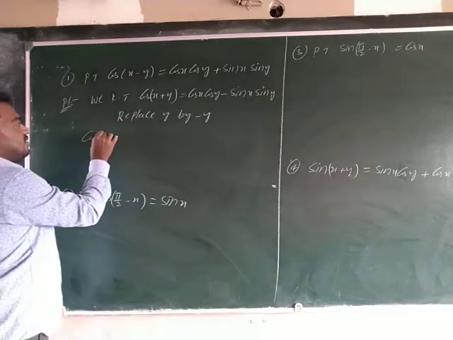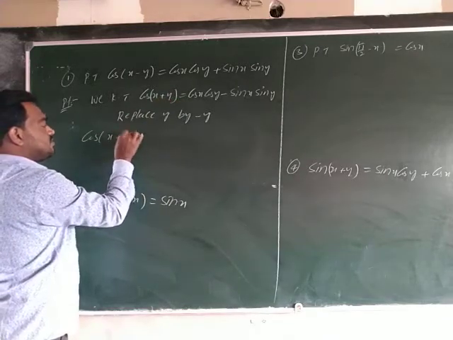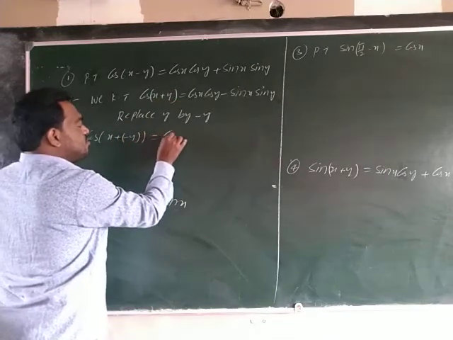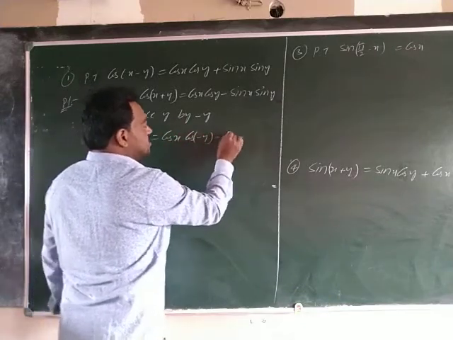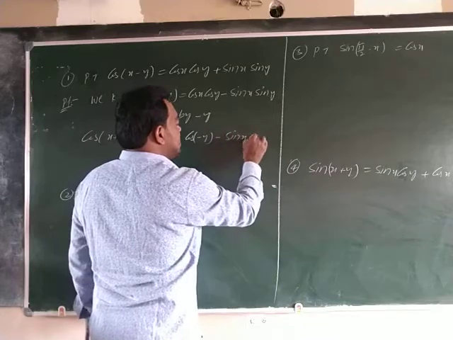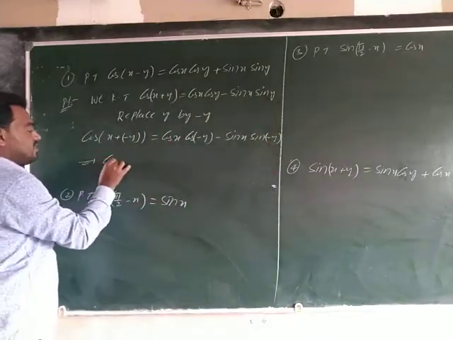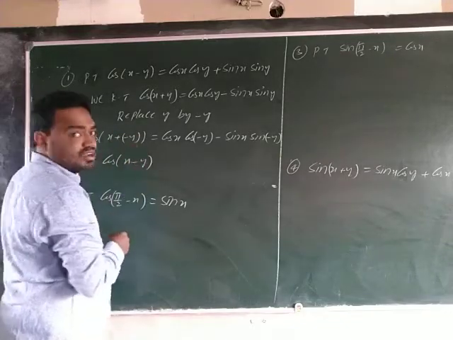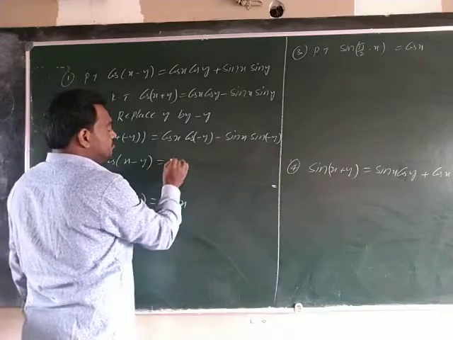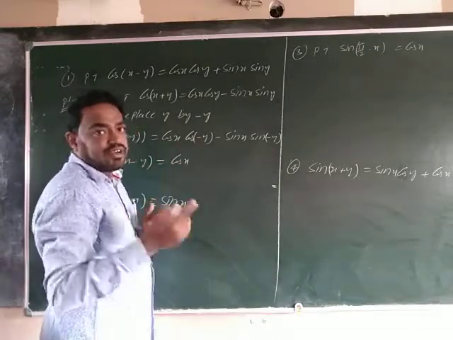So cos of x, in place of y, minus y. So cos of x minus y is equal to cos x cos of minus y minus sin x sin of minus y. That implies cos of x minus y equals cos x cos y, since cos of minus theta is cos theta only.